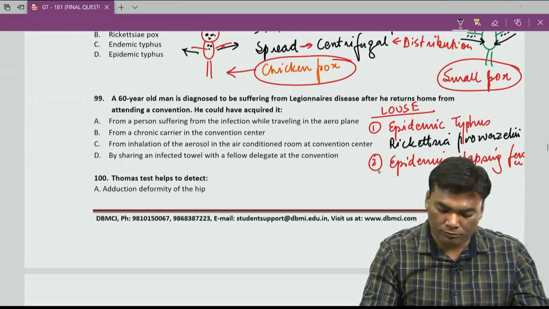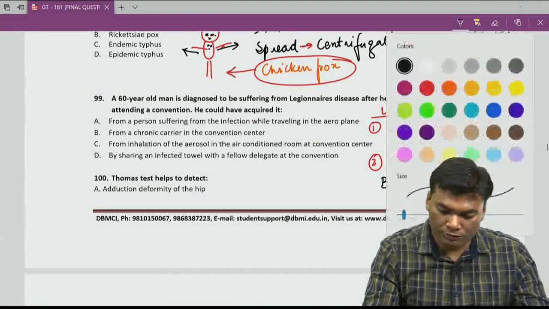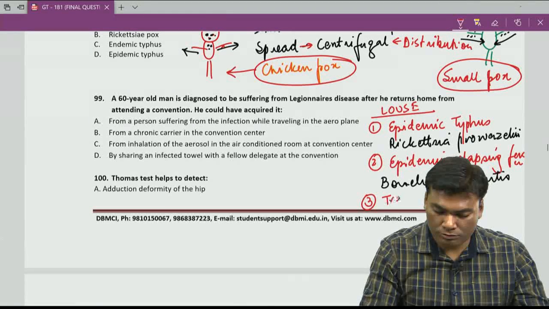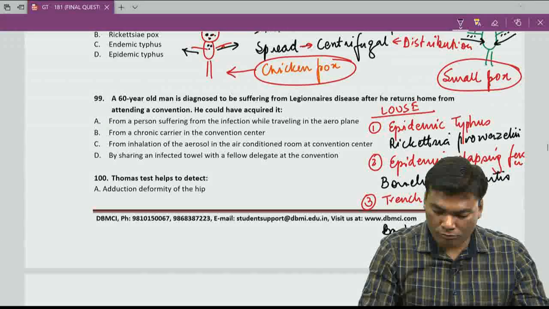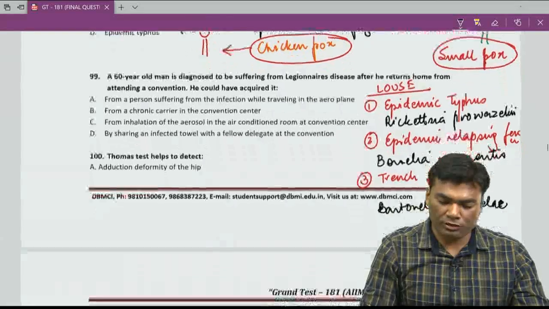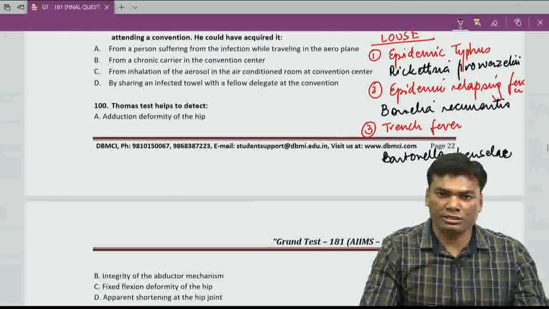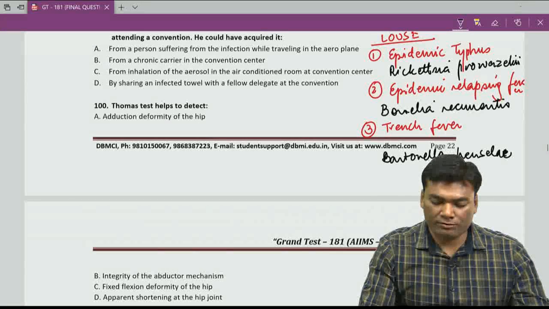This is caused by Borrelia recurrentis, and the third one is trench fever, and this is caused by Bartonella quintana. So louse will transmit these diseases: the epidemic typhus by Rickettsia prowazekii, epidemic relapsing fever by Borrelia recurrentis, and trench fever by Bartonella quintana, right?